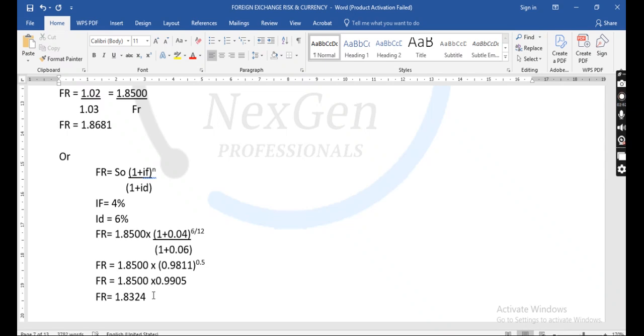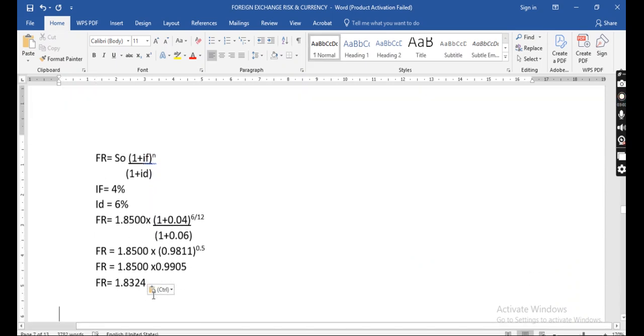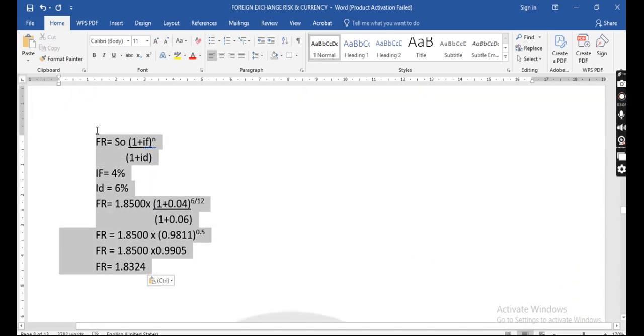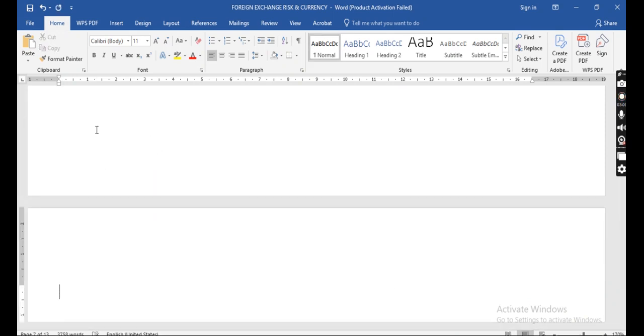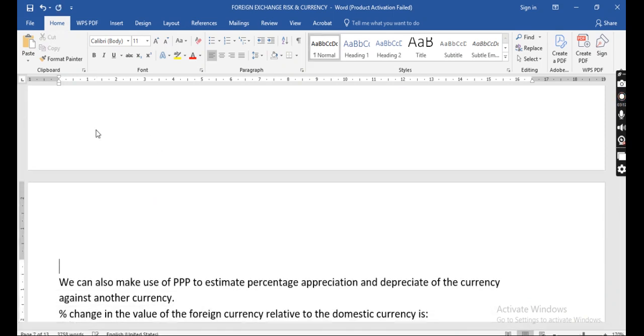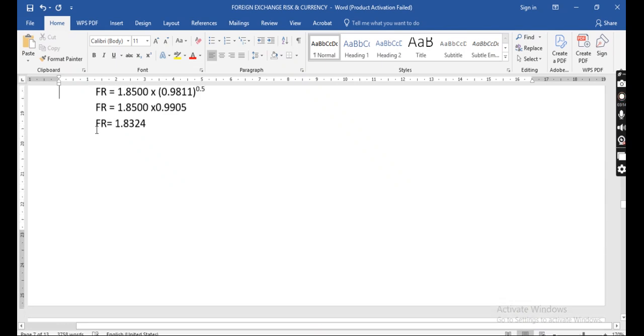Without wasting much of our time, let's quickly do something again. Lastly, if we don't have it like that, we'll just maintain the usual. When it is 6 months and when it is a year, you have to use raise to power.